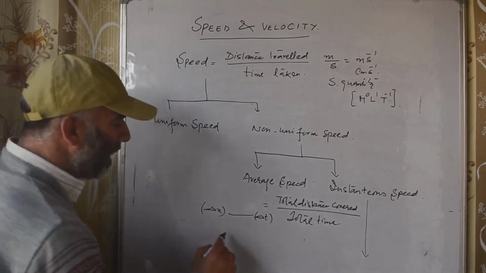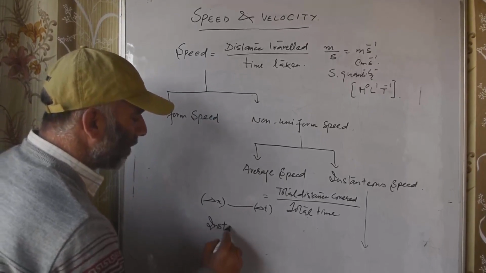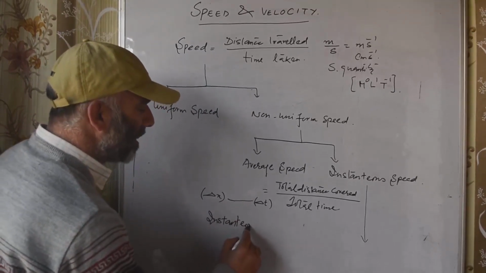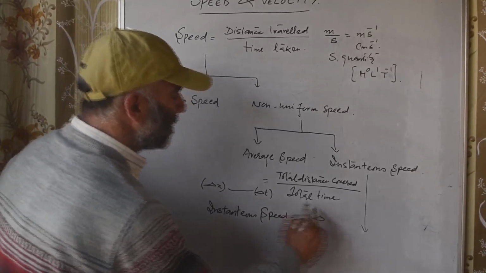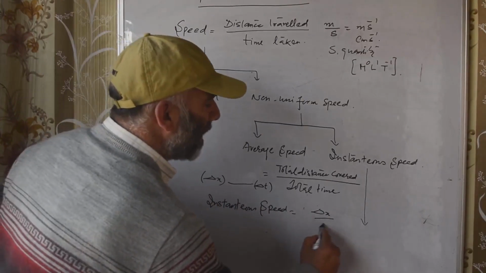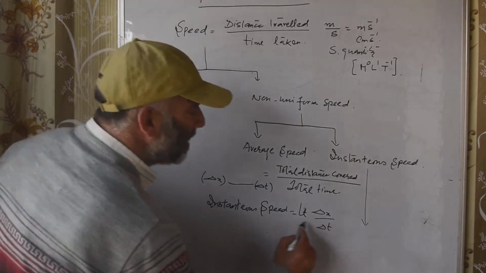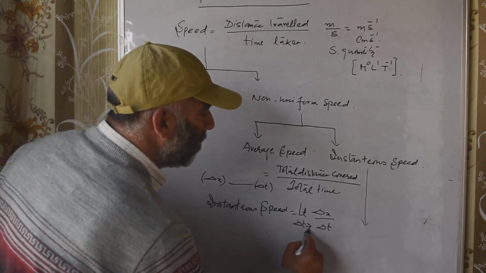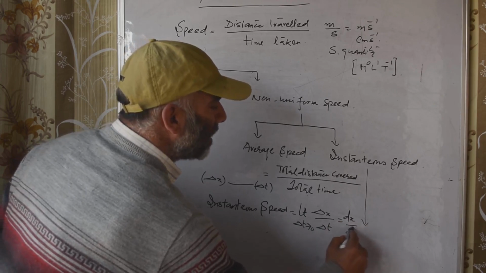We can write instantaneous speed is equal to distance covered by time, that is delta x by delta t, and when the limit of delta t tends to 0, we call it dx by dt.